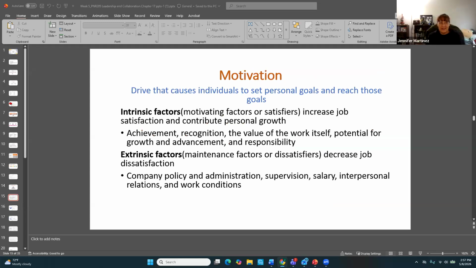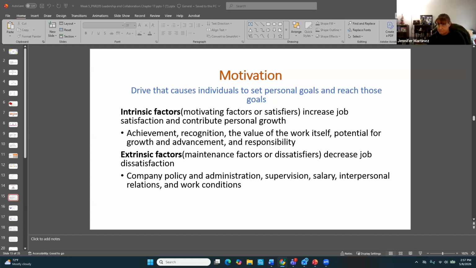So, motivation: that's the drive that causes individuals to set personal goals and reach those goals. In order to come to nursing school, you had to have a motivator. Something had to motivate you to come to nursing school, because it's not easy. Is there anything about nursing school that was easy? No, it is not easy.